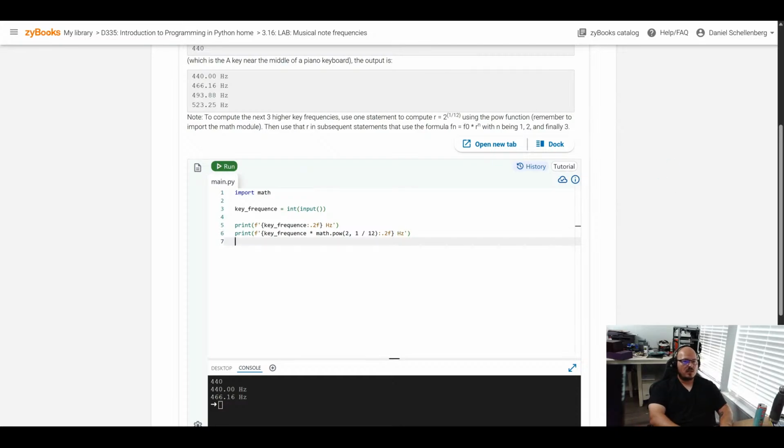So this is saying print. Is it saying print F, key frequency times math.pow 2 and then 2 and then by 12?